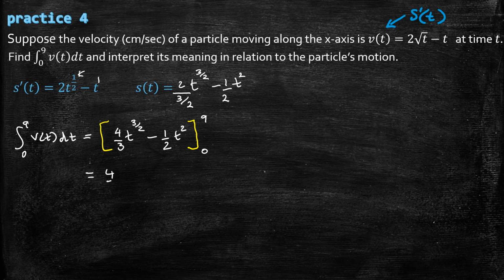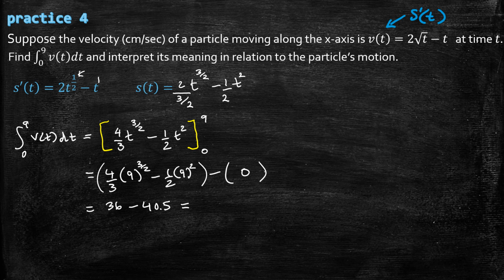So that's 4/3, 9 to the 3/2, minus a half 9 squared. And then I'm going to subtract out what would happen if I plug 0 in, which is just going to be 0. And if you work this out, you would get 36 minus 40.5, which works out to -4.5.